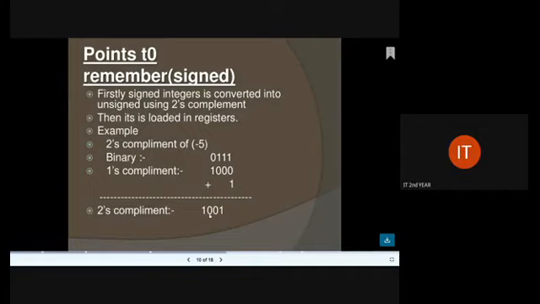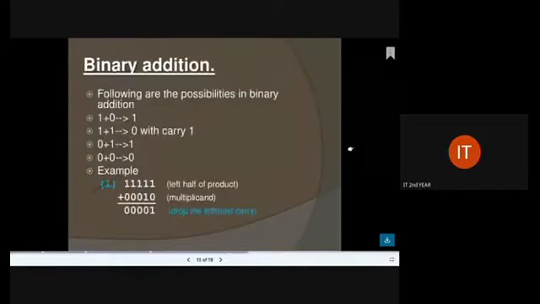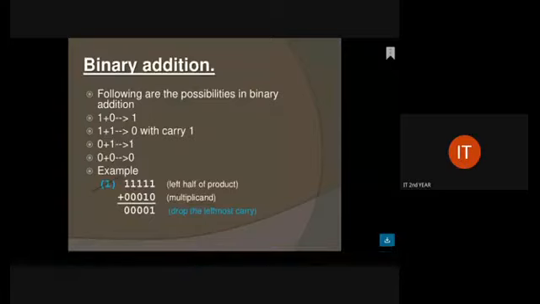So the resultant value of the 2's complement we get is 1011. This is the 2's complement of minus 5, and that is what we are going to process in our final addition or subtraction.